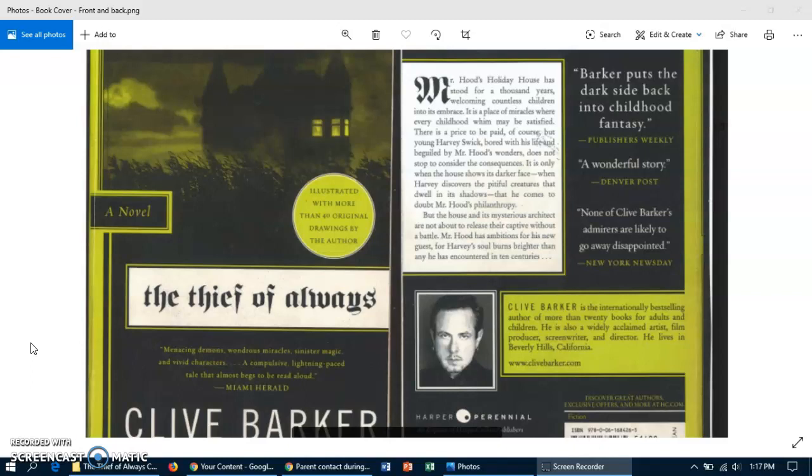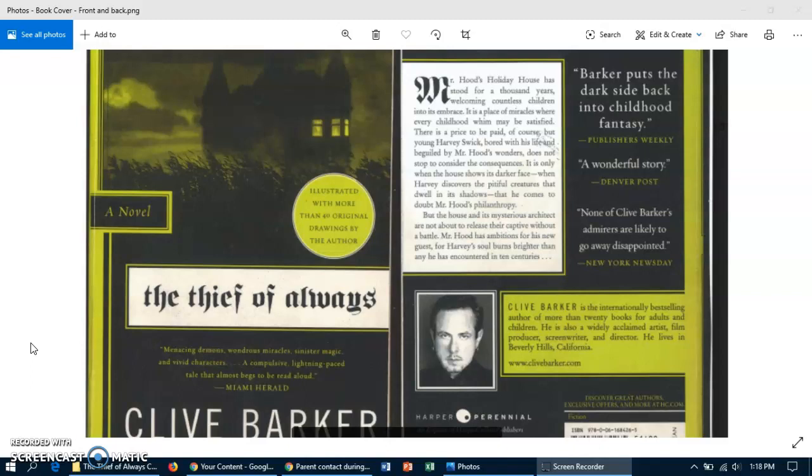It is only when the house shows its darker face, when Harvey discovers the pitiful creatures that dwell in its shadows, that he comes to doubt Mr. Hood's philanthropy. But the house and its mysterious architect are not about to release their captive without a battle. Mr. Hood has ambitions for his new guest, for Harvey's soul burns brighter than any he has encountered in 10 centuries.